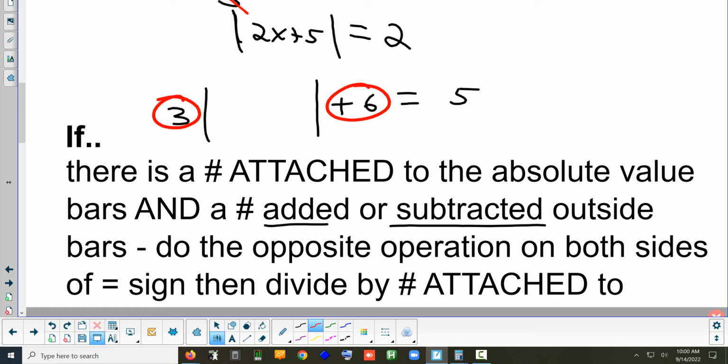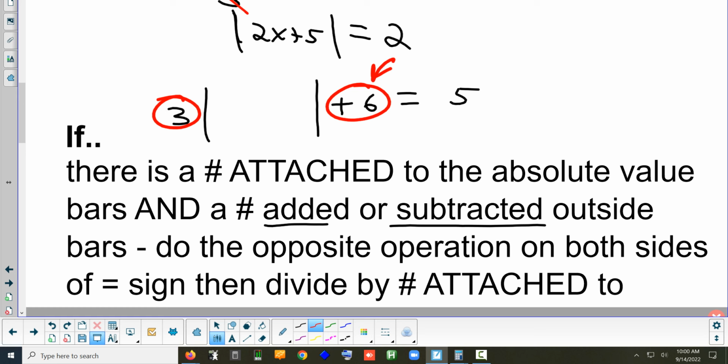And here's the order that you fix them in. It says, do the opposite operation on both sides of the equal sign. So if I look at this, I see a plus 6. The opposite operation of a plus 6 would be a minus 6.